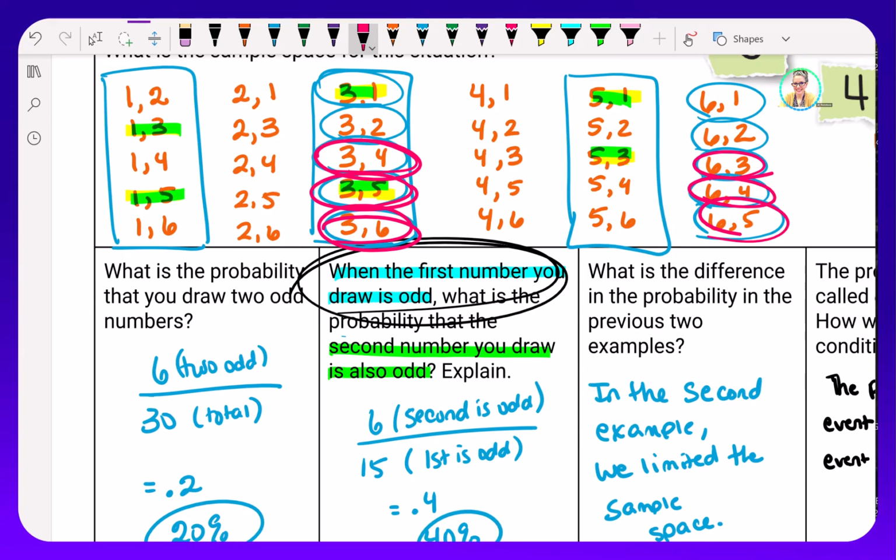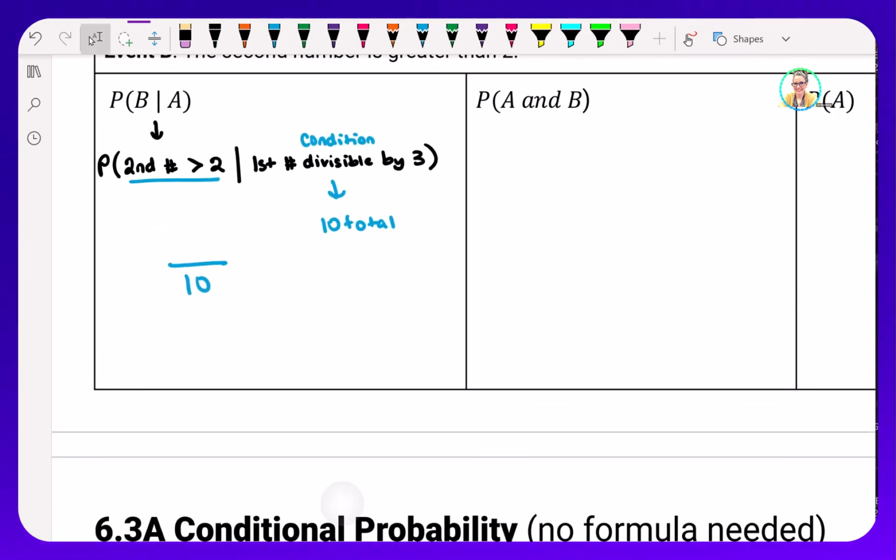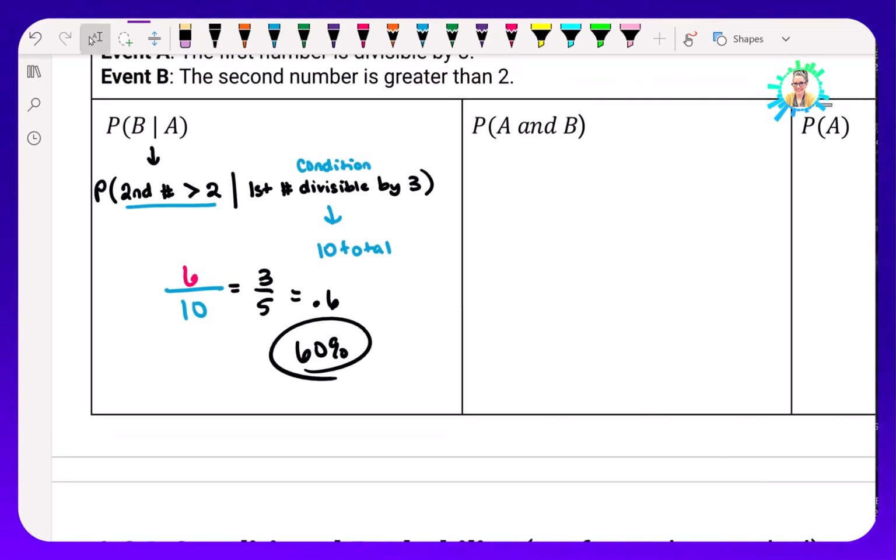Looks like I've got 6 of these out of a total of 10. So 6 out of 10 reduces to 3 out of 5, which is 0.6 or 60%. If you have a condition, you have to limit your sample space, which changes the number in your denominator.